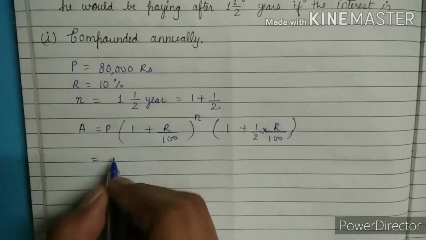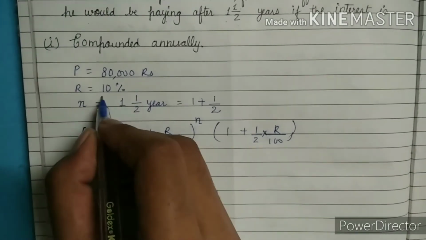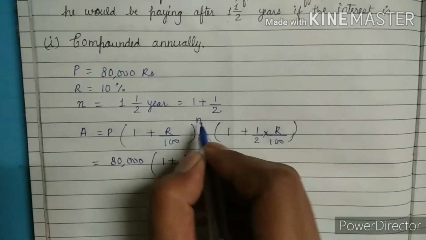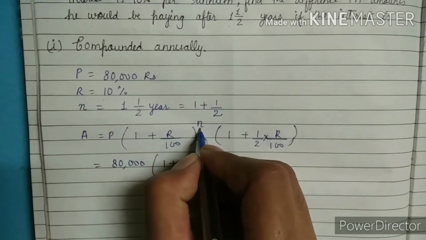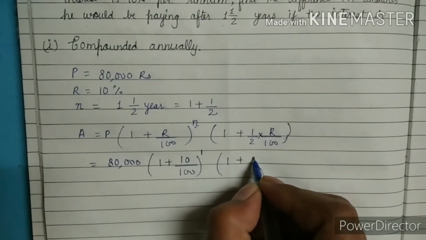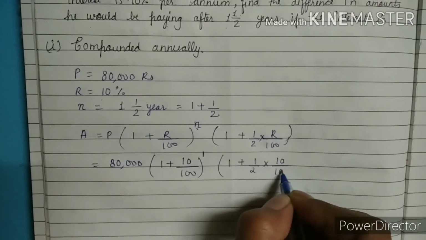Now principal amount is 80,000, that we will write here. 1 plus r value is 10 by 100, whole power is n. So here this whole number of years will come, that is 1. Here 1 plus 1 by 2 multiply by 10 by 100.